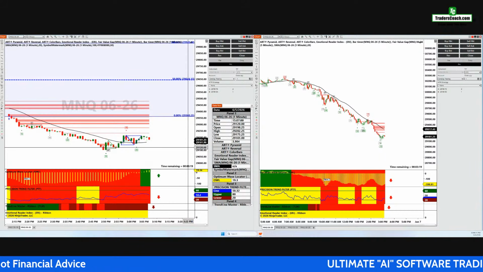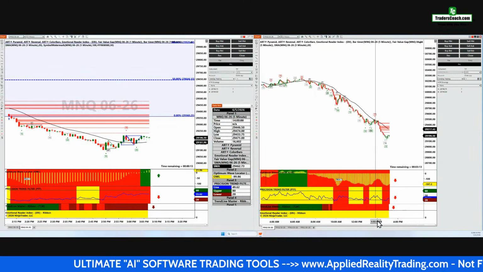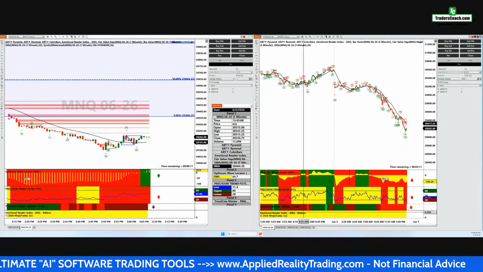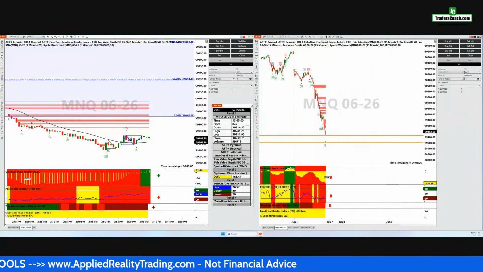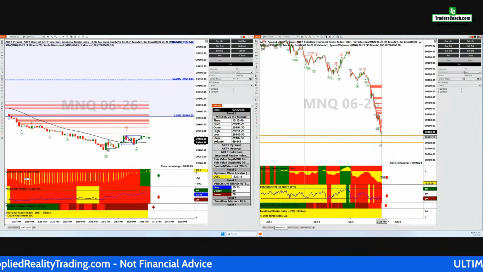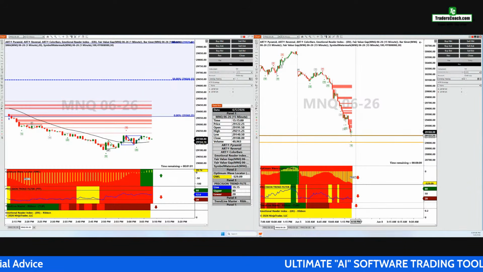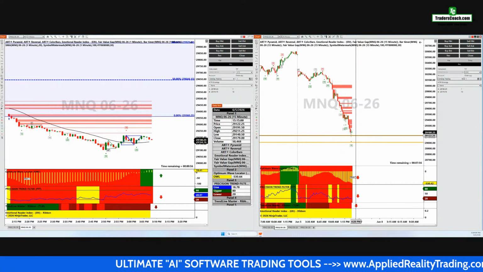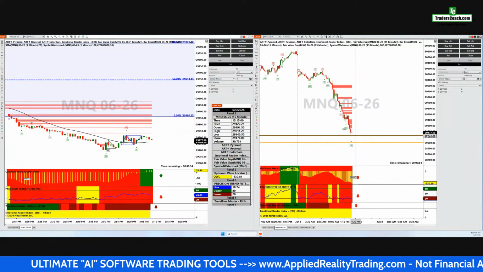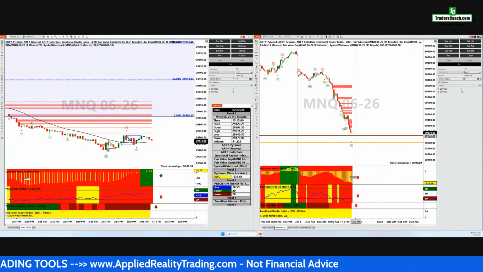Or unless they see a surprising move up to the upside. I think most people would have taken profits here. Smart money would have taken profits here. Call it a day. Especially since it's a weekend.